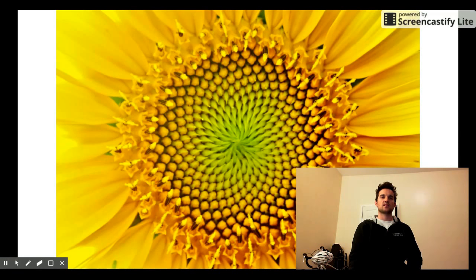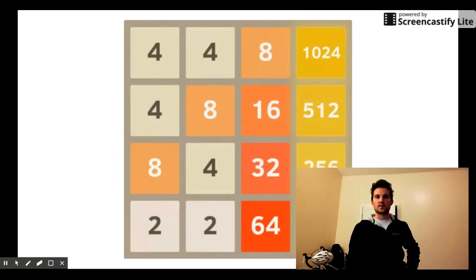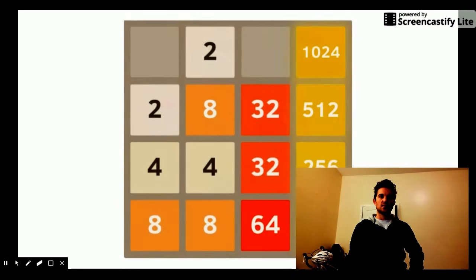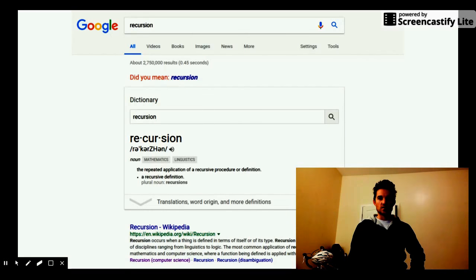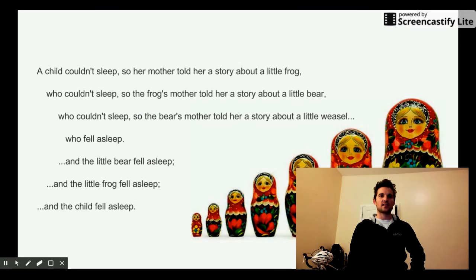Fractals exist in many parts of nature, including astronomy and flowers, and in games that we play, like 2048. Google, of course, has its own little computer science jokes on recursion. And things as diverse as little nursery tales and Matryoshka dolls, or Russian nesting dolls.